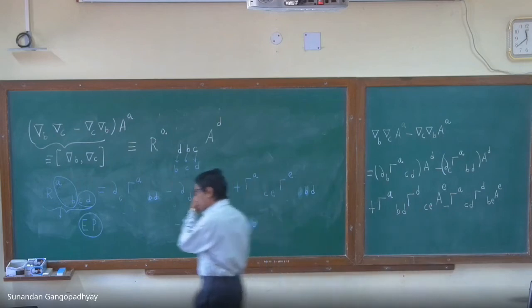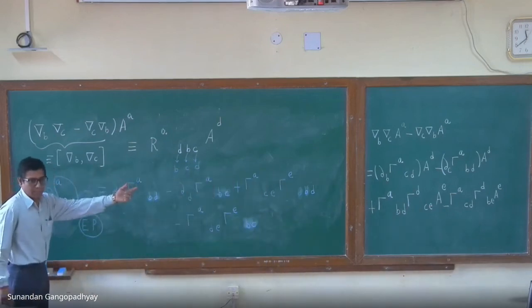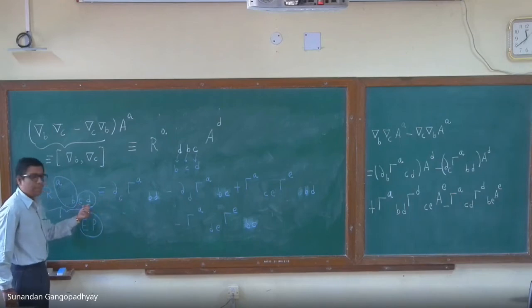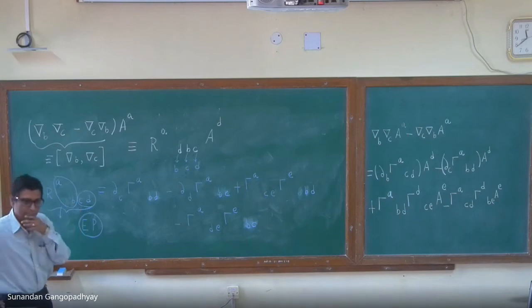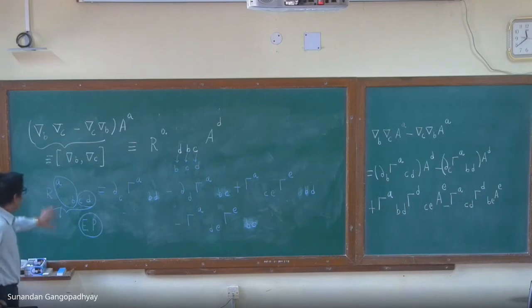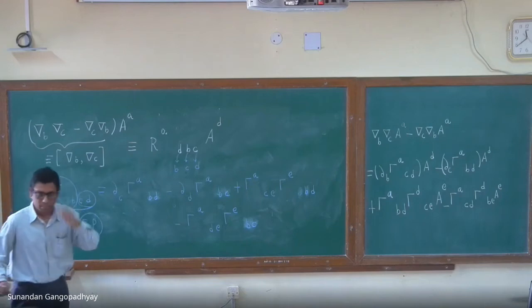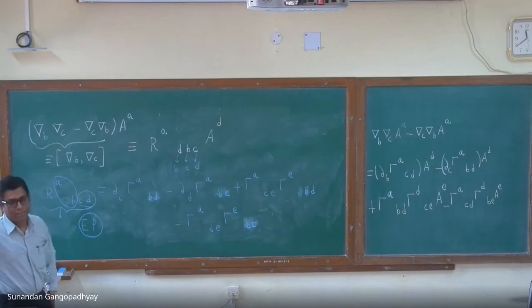The question is, the antisymmetry in CD is obviously visible: just replace C by D, D by C. You can check it. Have you checked it? It is antisymmetric. Good. The question is whether it is antisymmetric in AB or not. Separate gamma in terms of the metric tensor.